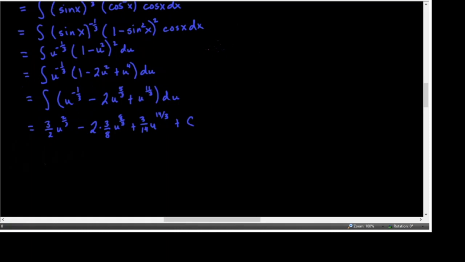Next, we'll go back to our original variable by substituting sine of x in for each u, and we will obtain the following. 3/2 sine of x to the 3/2, oops, sorry, 2/3. Almost can't read my own handwriting sometimes.